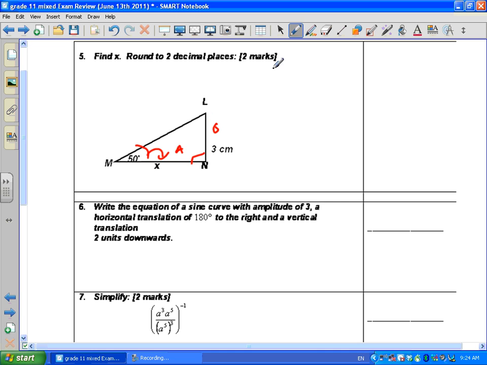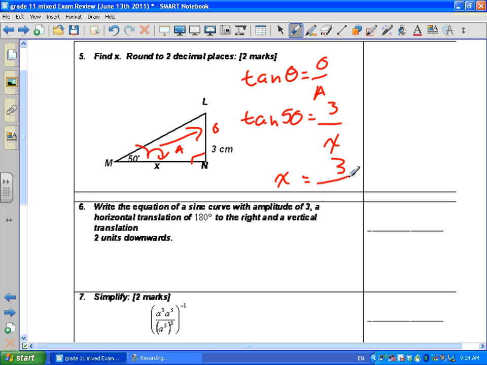So, we have opposite and adjacent sides, which means we're using the tangent ratio. So tangent theta is equal to opposite over adjacent. We have the angle, which is 50 degrees. The opposite side is 3, and the adjacent side is x. Remember, I told you there's a quick trick to isolate x. Just switch tan 50 and x.